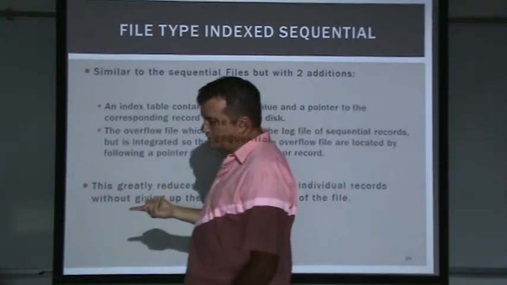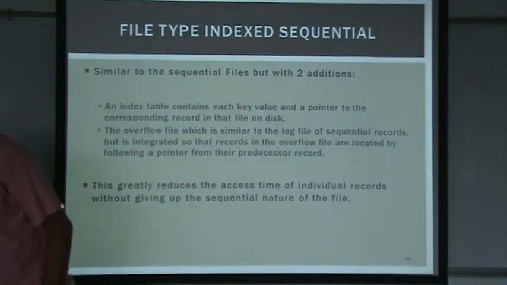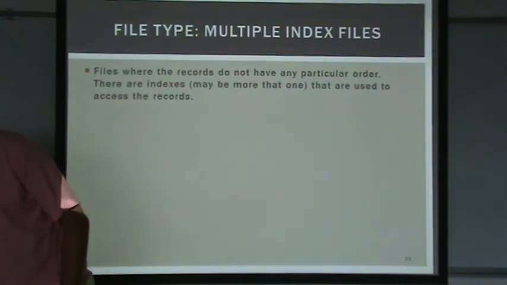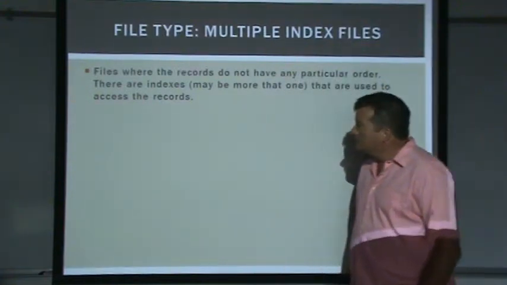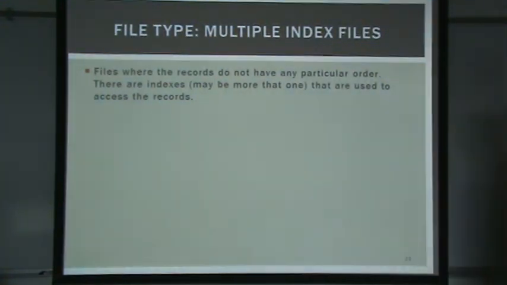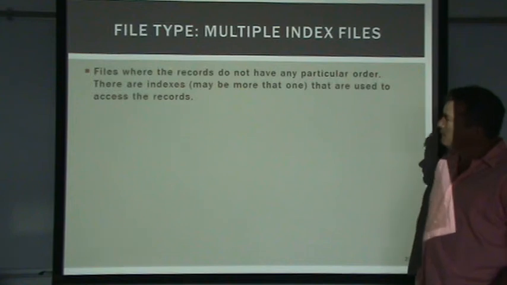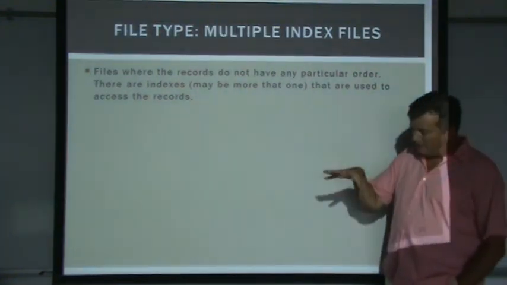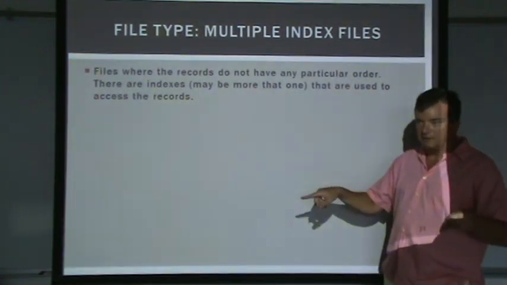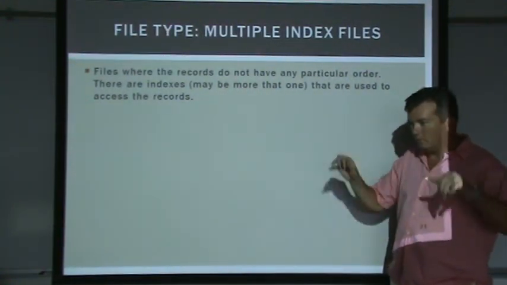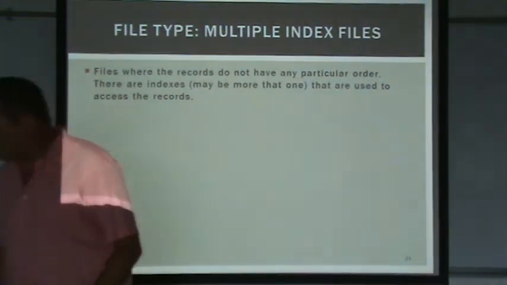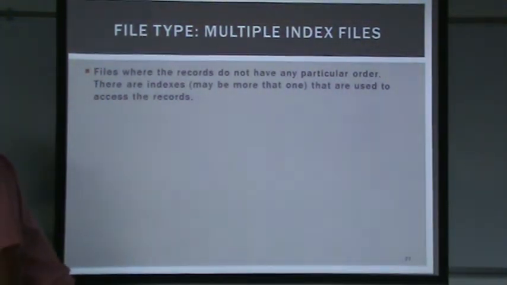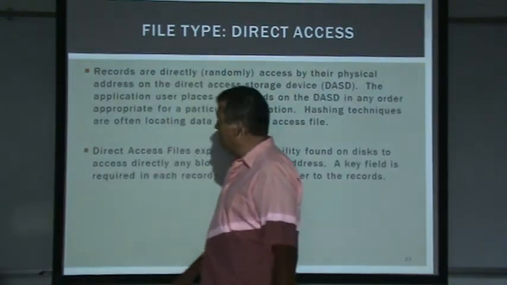It's going to take up more space, and every time we go to save the file there's more time because we'll have to keep updating the index, but we have the sequential nature of the file and we can read and write to the disk quicker. Then we can have multiple indexes, so we can have an index for a certain section of our file, do that for many sections, and then have one index for the overall file. So it can have many levels of indexes if we wanted to. There's no requirement that we have just one index.